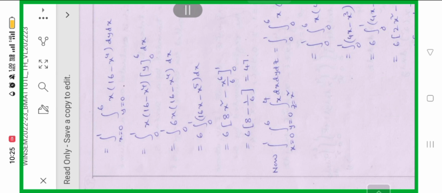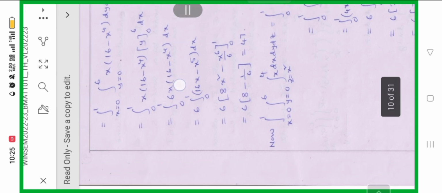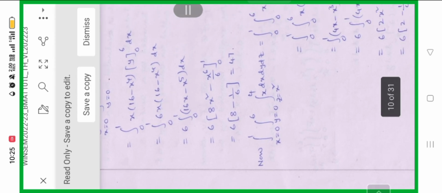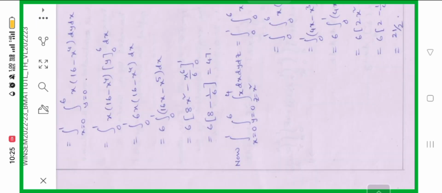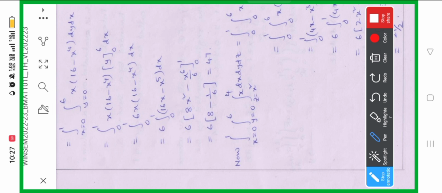Okay, next, here the limits 0 to 1, x into 16 minus x to the power of 4 into y, with y from 0 to 6 as the limit.